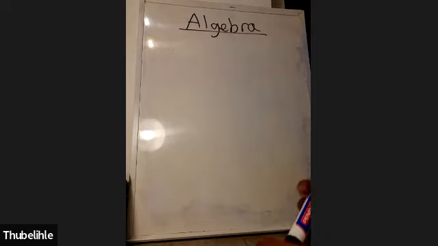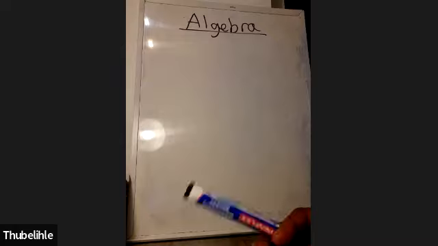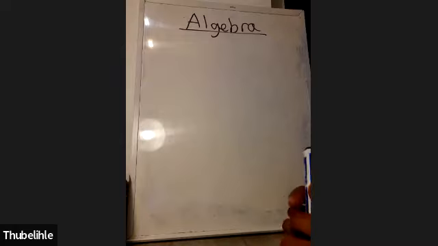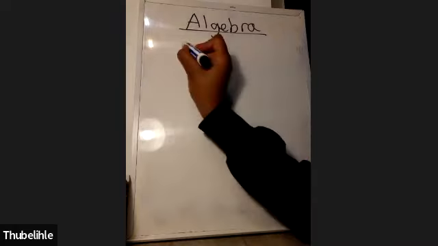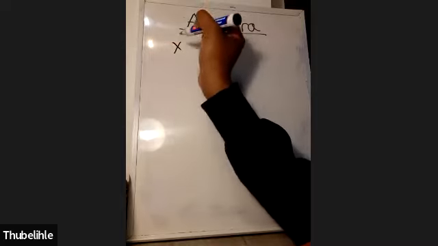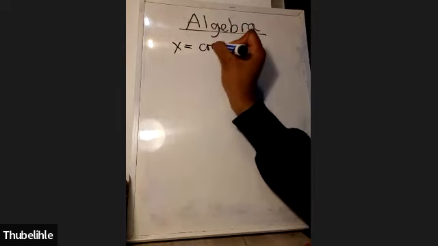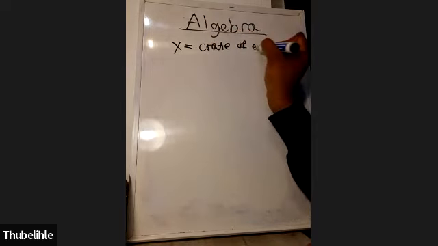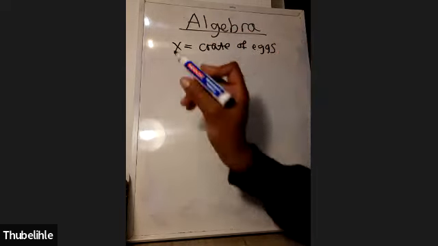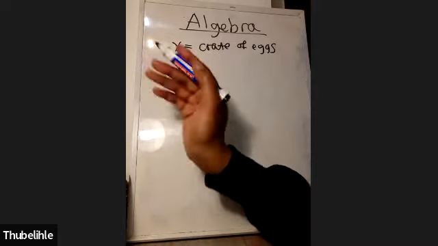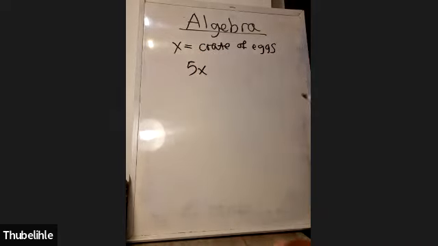Like for example, we could say somebody bought 3 crates of eggs, and we don't know how many eggs are in 1 crate. So we can say X will be a crate of eggs. If somebody asks you, you bought 5 crates, so what's the total amount you got?